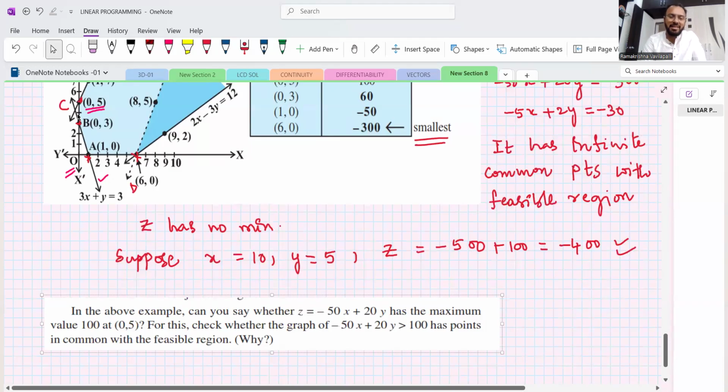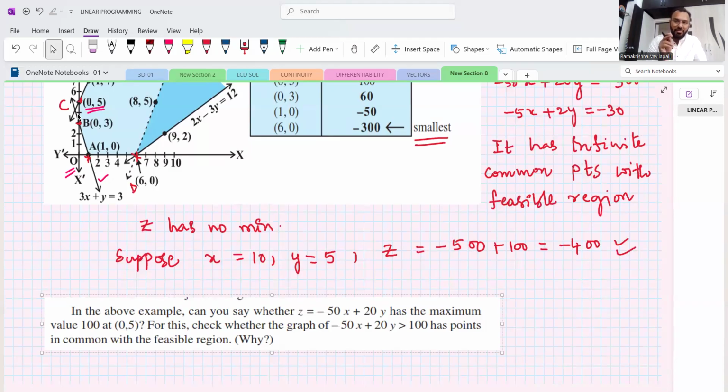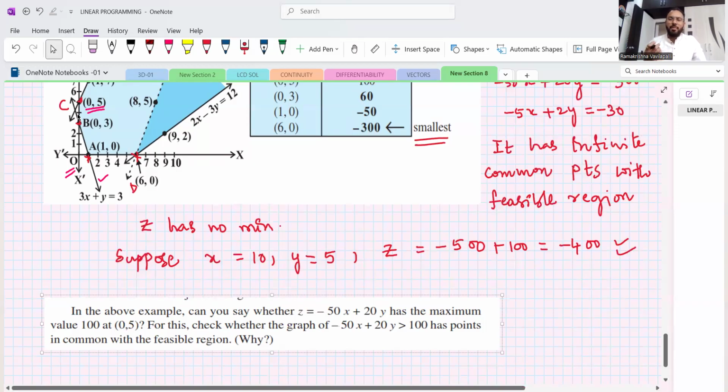For this, check whether the graph has more than 100 at any other common point with the feasible region. Yes, this we have to check. Which means that should we get more than 100 by giving some x and y values in the feasible region.